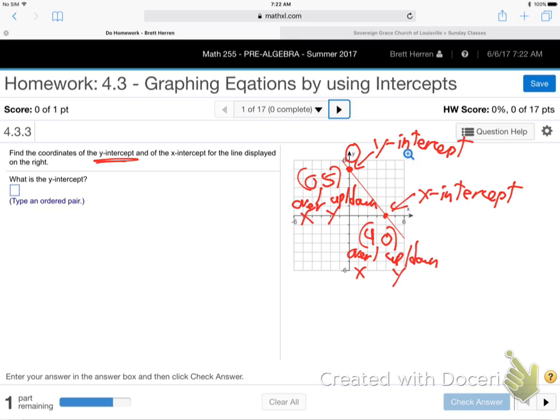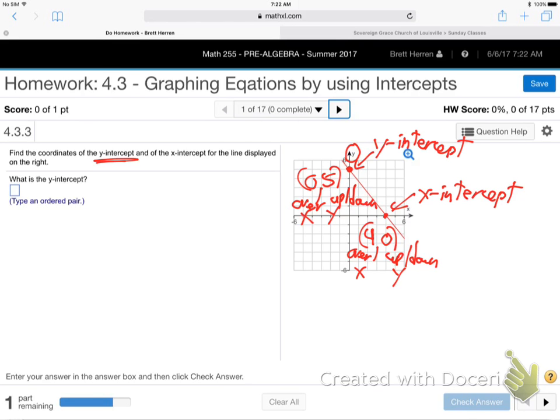We're going to graph lines by finding those 2 points. So notice something about intercept points. They always have one of their coordinates being 0, don't they? If you're a y-intercept, your x is 0. If you're an x-intercept, your y is 0. We're going to use that fact to help us graph in a second.